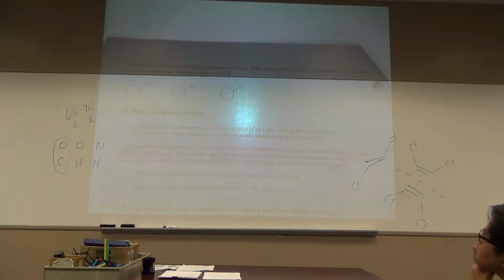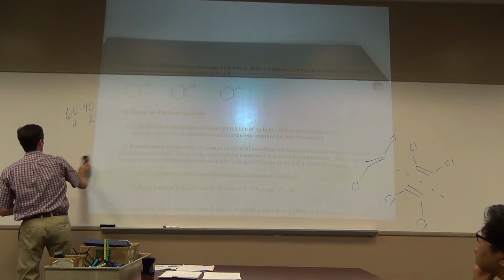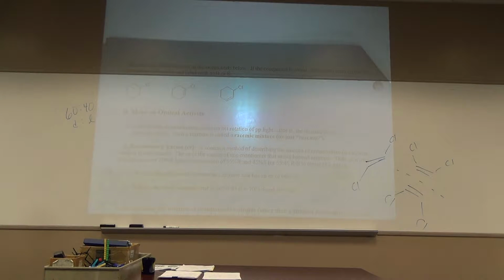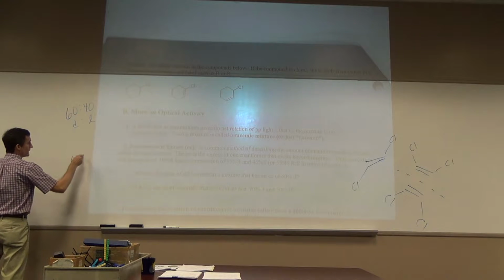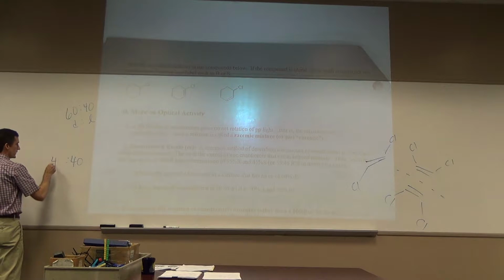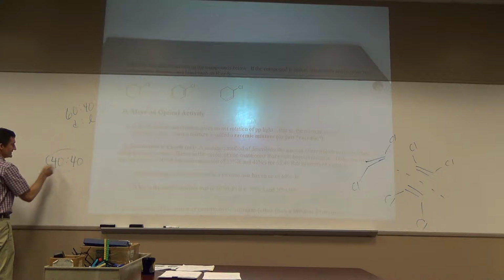You can read this and then you're going to say, what? Well, let me tell you the what part. What if you had 60-40? What would the EE be? Well, 40 of that cancels how much of the other? 40. See, this cancels each other. So I call that racemic.